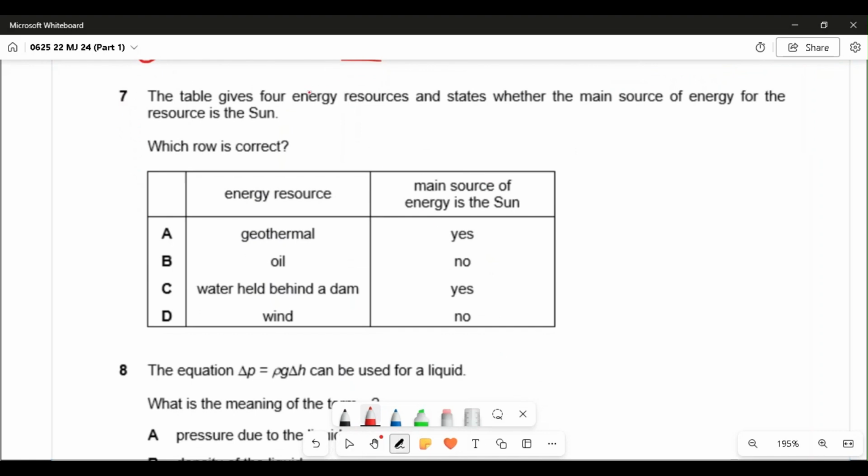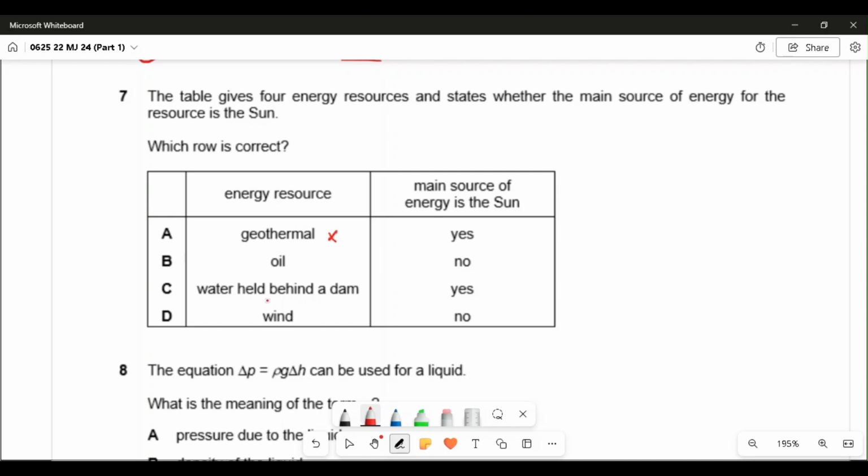The table gives four energy resources and states whether the main source of energy for the resource is the sun. The sun is the major source of energy resources. But when we talk about geothermal energy, the sun is not the main source; the earth's temperature is. Oil, yes, the sun is not the main source.